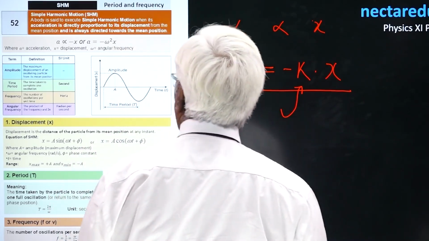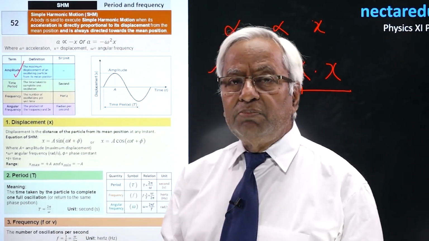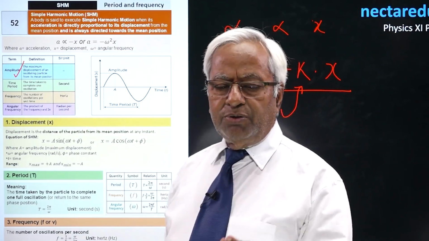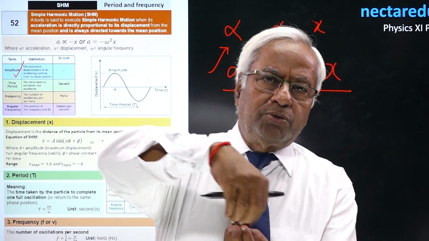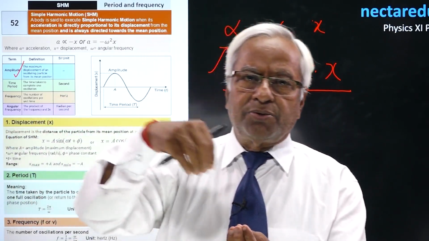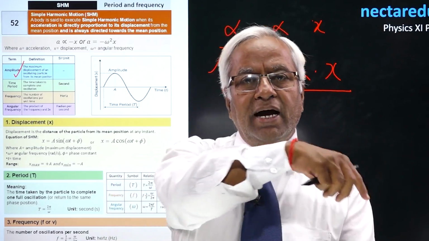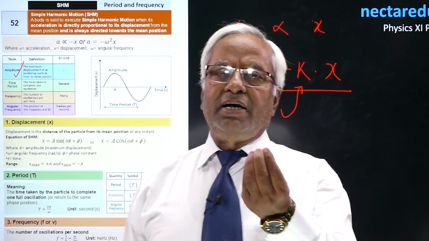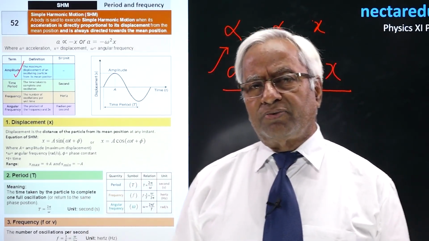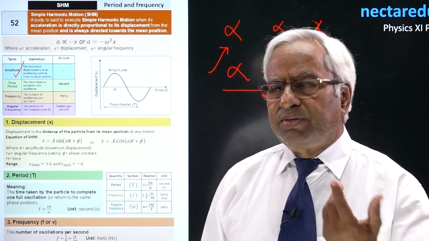Certain definitions you will come across. Amplitude is the maximum displacement that takes place here, as I told you. And you see, this is the mean position. Body goes to this extreme, returns to mean, and then goes to the next extreme, returns to mean. Now, one complete oscillation has taken place. The time involved here would be known as time period. If you count the number of oscillations in 1 second, that number would be known as frequency.